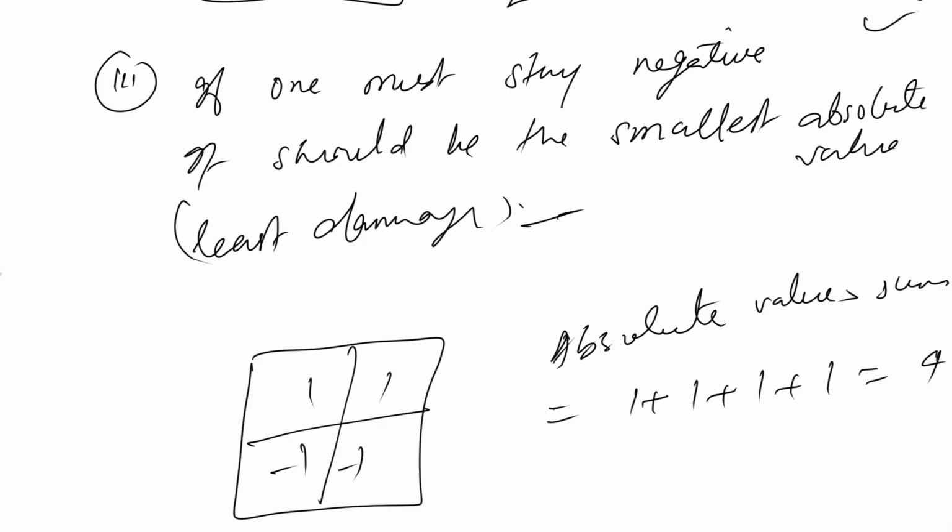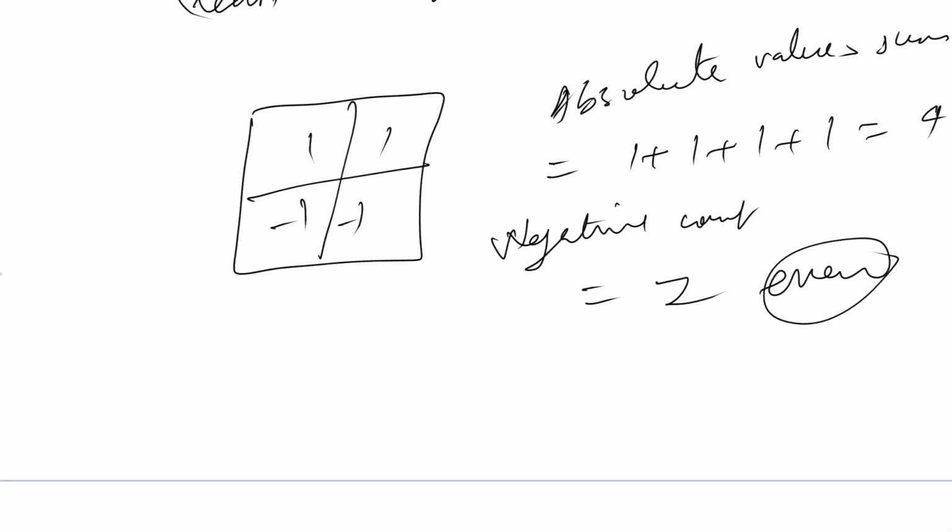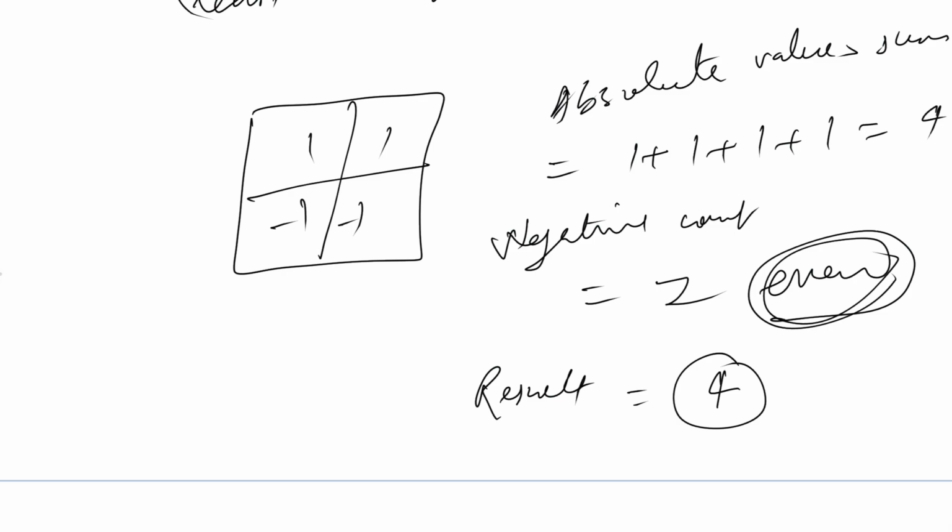This is 4. How many negative counts are there? The negative count is 2, which is even. So the result is 4, because this is even, so it will become positive, and the value is 4.